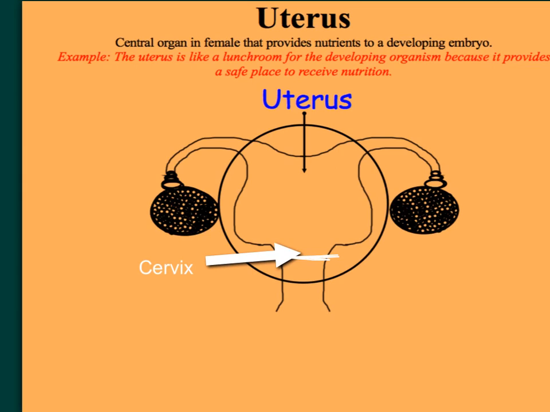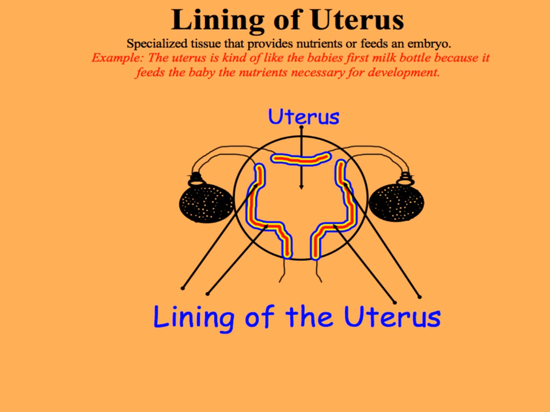The uterus is kind of a pear-shaped organ, and it's held in place by ligaments. All right, along the uterus there is a lining, and this is composed of specialized tissues that do provide the nutrients for the embryo. It's kind of like the first milk bottle for the baby, because it feeds the baby and provides nutrients for growth.